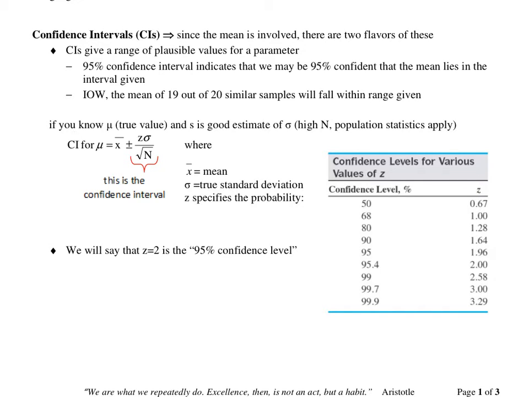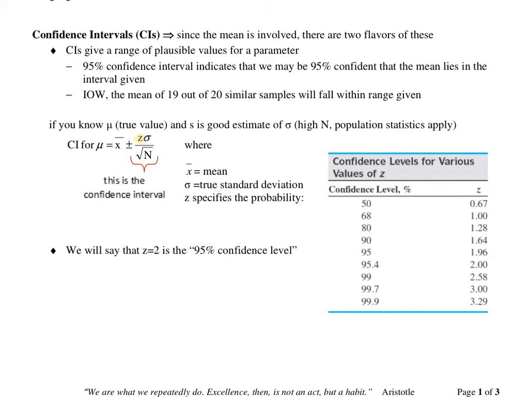So the first flavor of confidence interval is when we know mu. We know the true value, and we have a good estimate of the standard deviation sigma. In this case, this is how we determine the confidence interval. Note there's a value z.